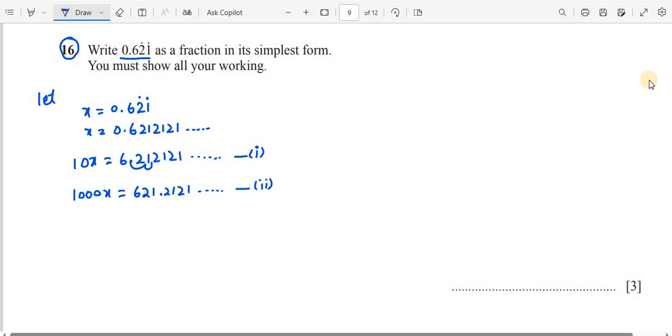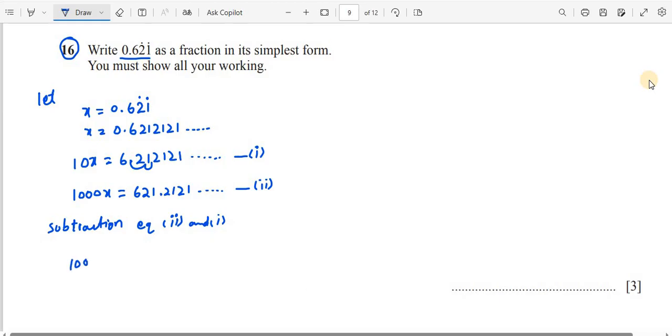So subtract equation 1 from equation 2. Left side subtracts with left side and right side subtracts with right side.